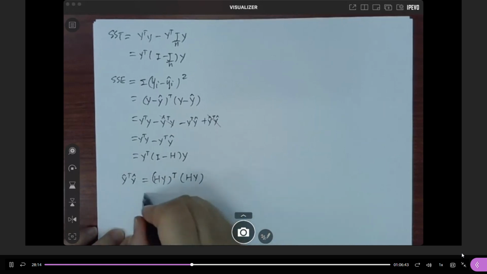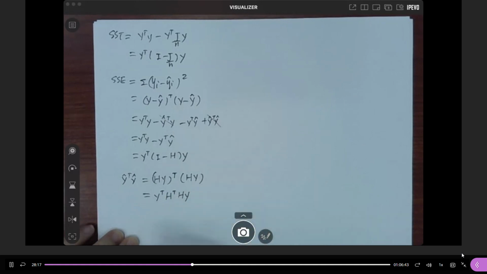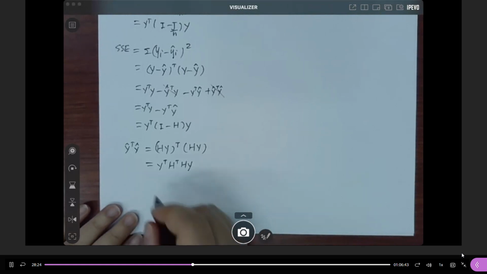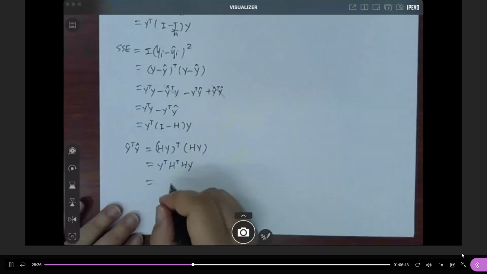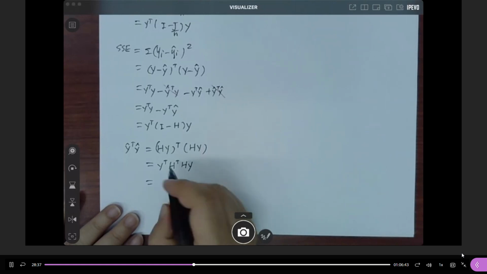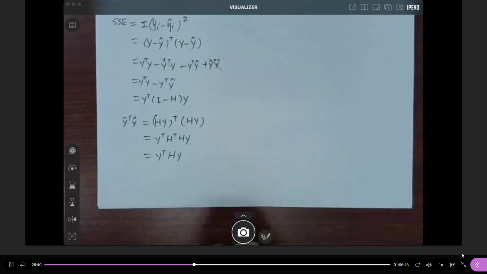Then one more step, y transpose H transpose H y, right? Then you have H transpose H, this is symmetric, so it's HH, right? HH, idempotent, is H, so we get y transpose H y, right?